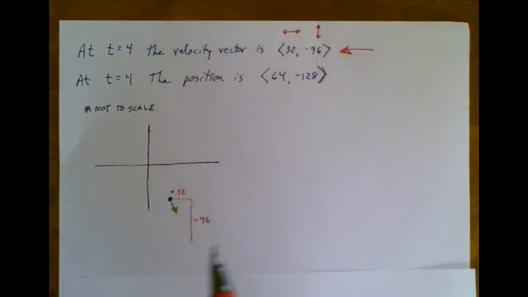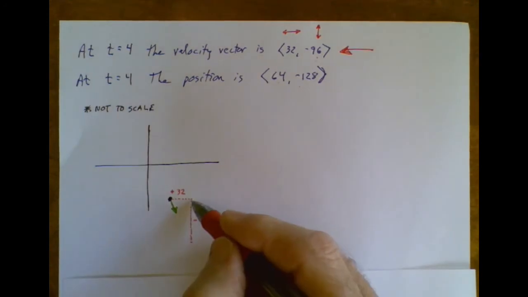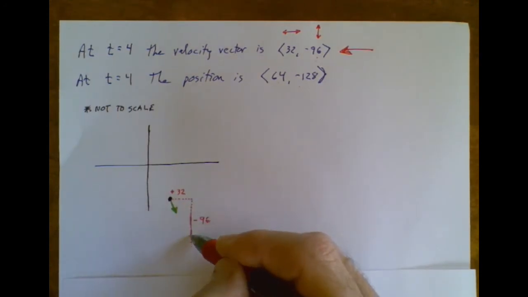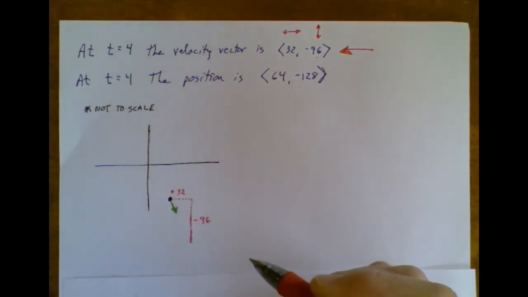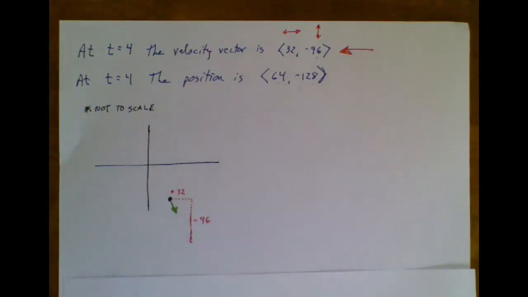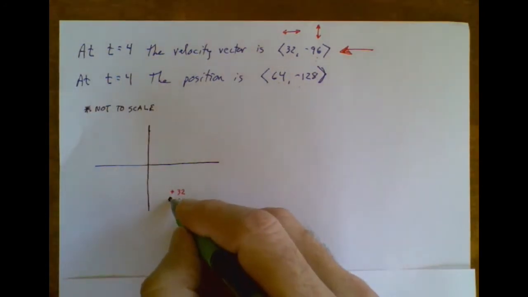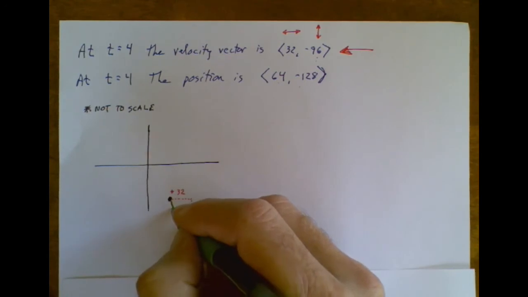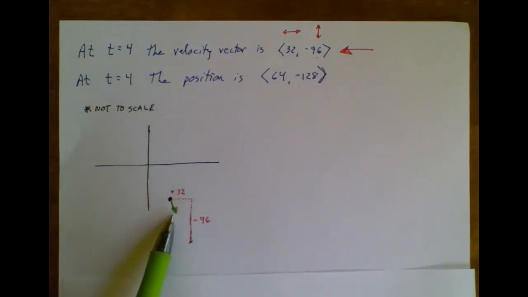So at that instant, the particle is also heading downward at that many units or meters per second. So if I think about it like you might in physics, this particle has a force that's shoving it this way by about a factor of 32, and a force that's shoving it this way by about a factor of 96. So if I connect this to this, I would get the particle traveling in that direction. And we're going to talk later on about how we could find the actual speed of that particle.